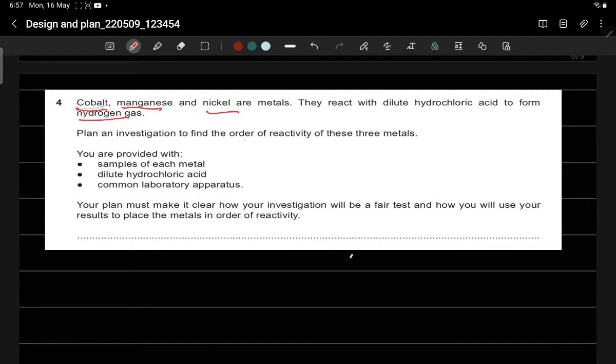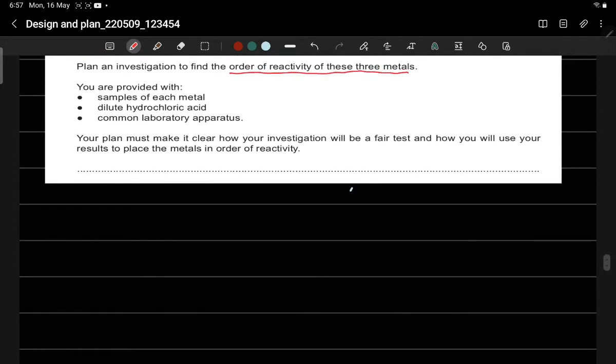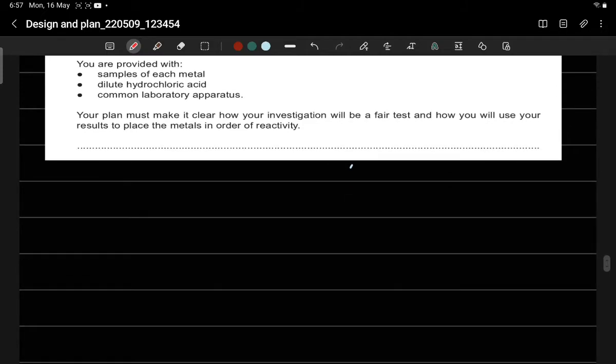Plan an investigation to find the order of reactivity of these three metals.